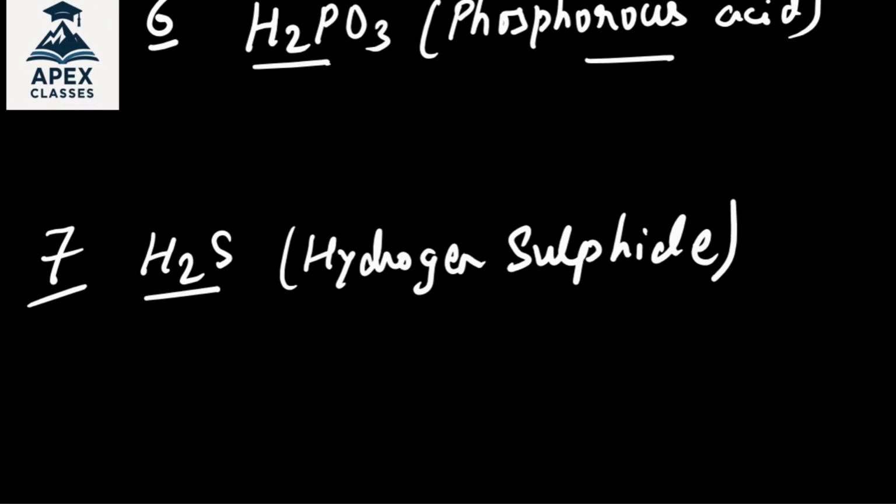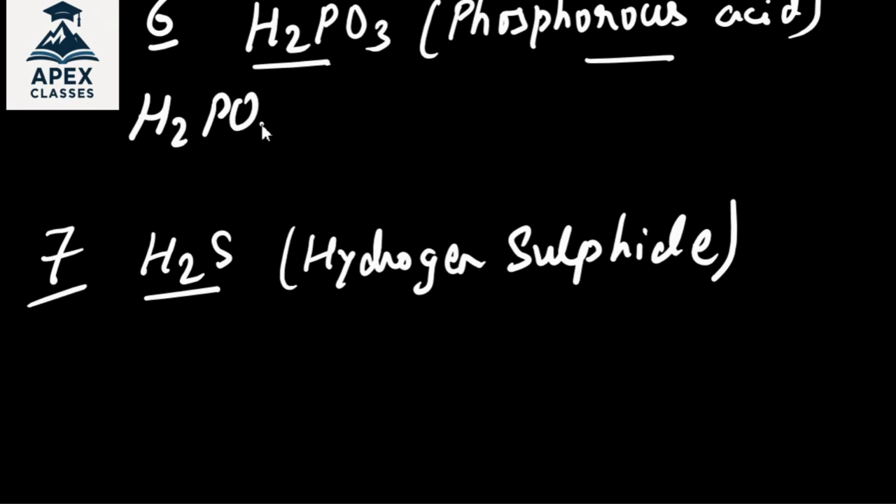See, before going to the hydrogen sulfide and hydrogen nitride part, let's talk about this little brother of phosphoric acid, H2PO3. If you look at it, it will be the same as H3PO4.